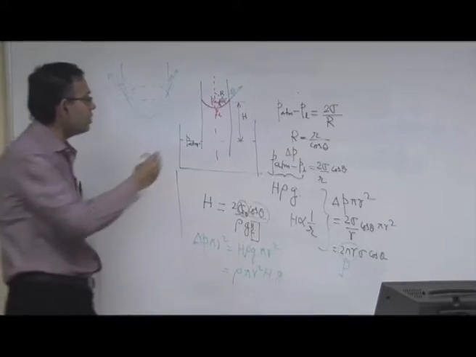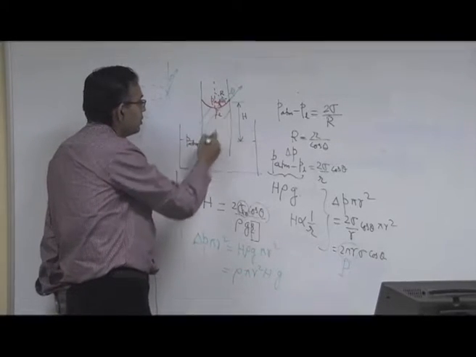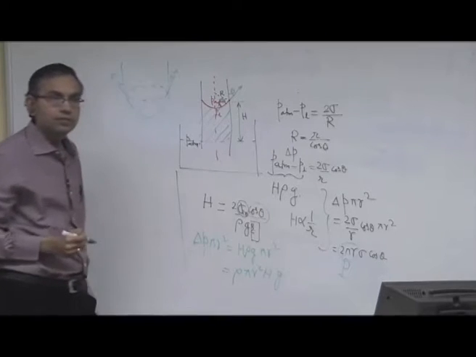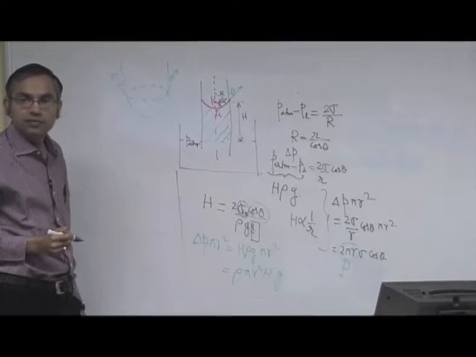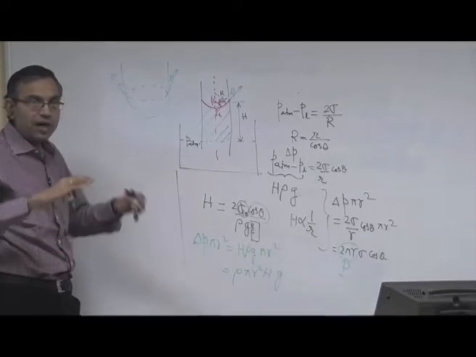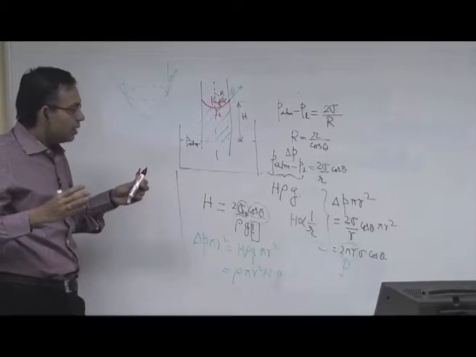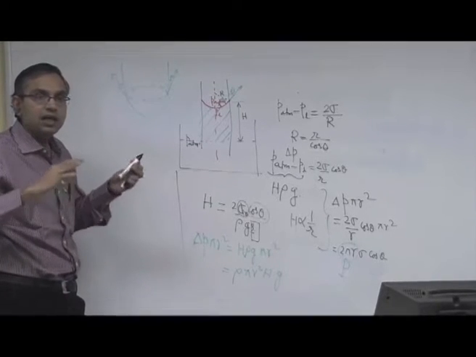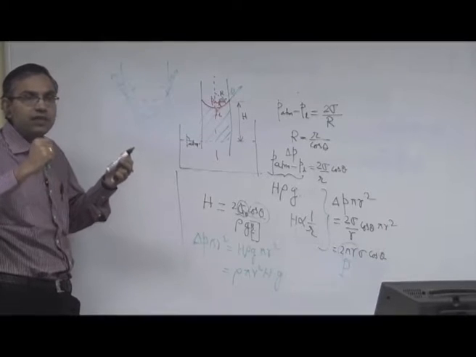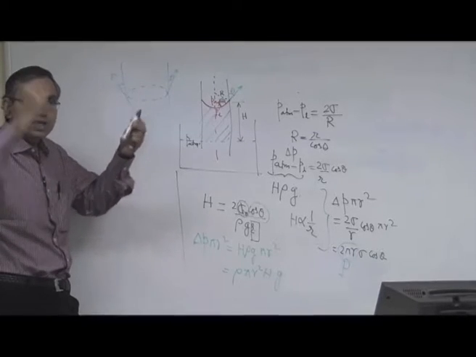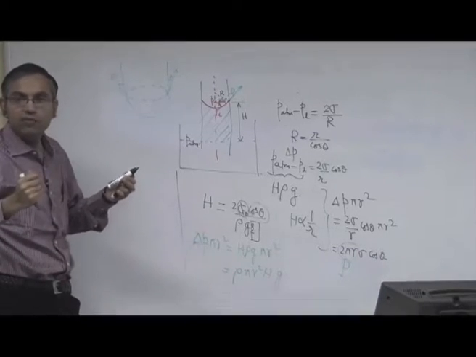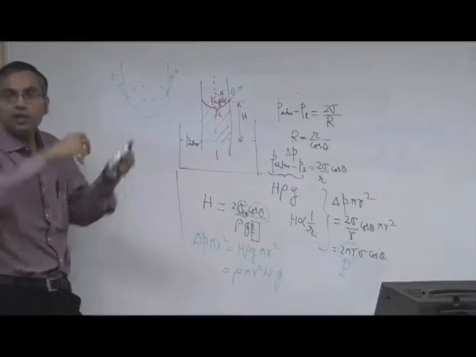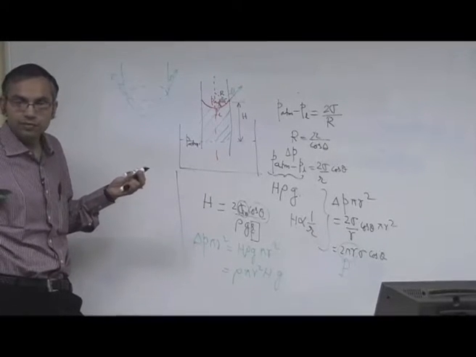This is the weight, mg, of this liquid column. So, you can perceive the static equilibrium condition as a condition in which the surface tension force balances the weight of the liquid column. That is also a way in which it can be perceived.